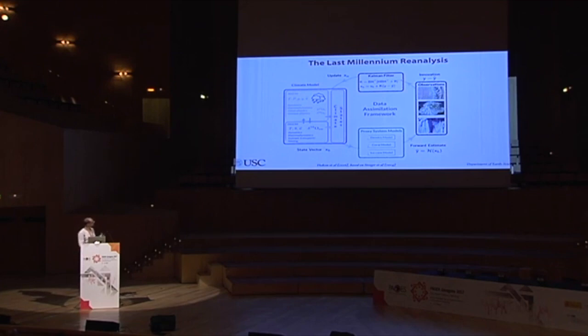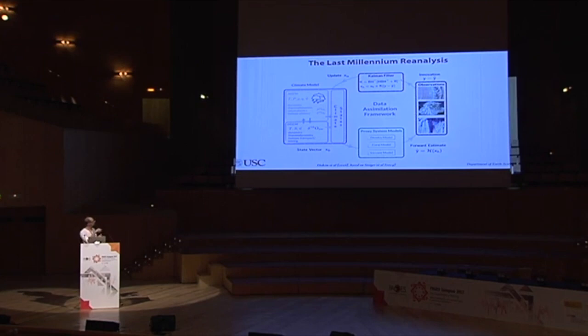So what does the Last Millennium Reanalysis consist of? It's fundamentally a way to integrate information from climate models over here, and from proxy data, of course. In this case we've restricted ourselves to annual proxy data. So we have trees, corals, and ice cores, but we also have varved lake sediments.